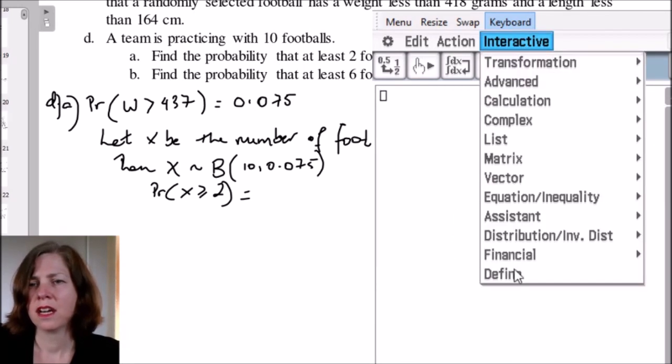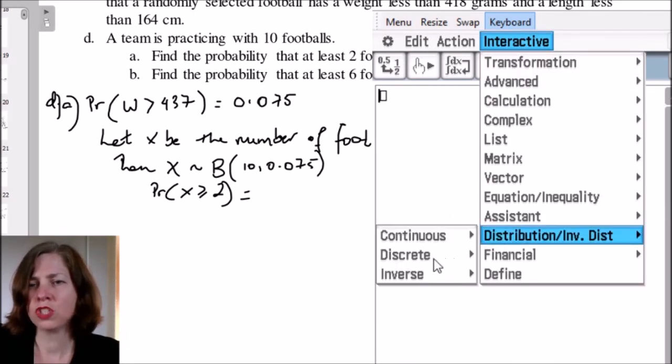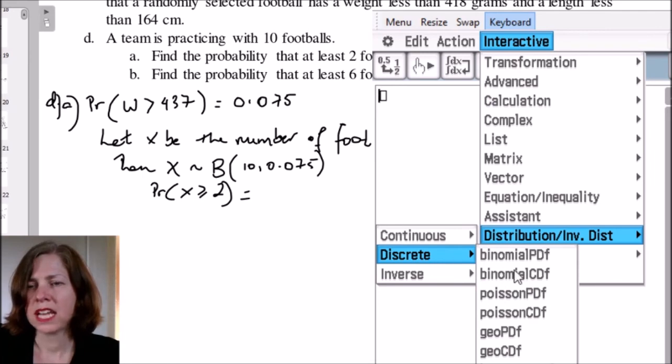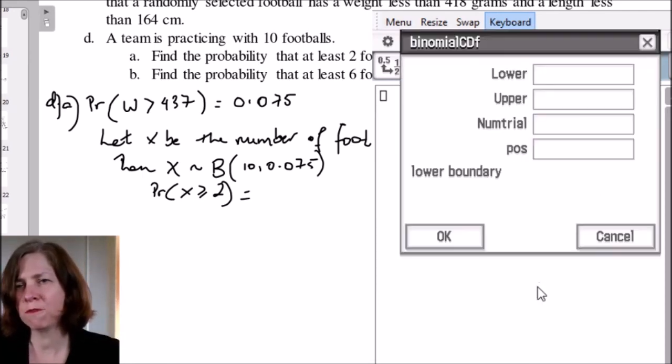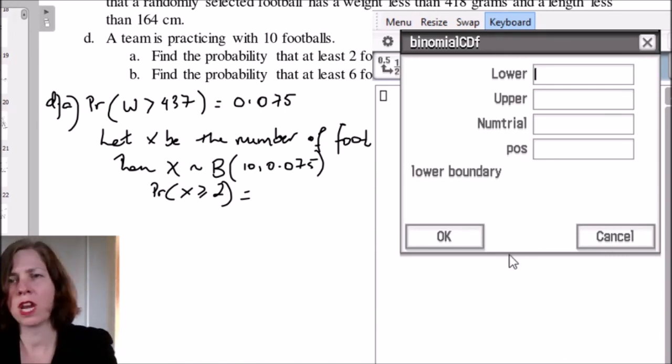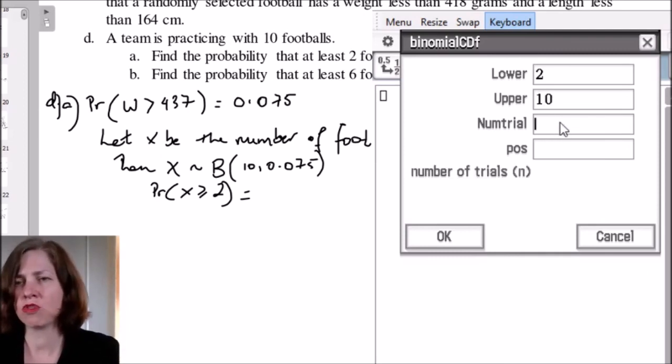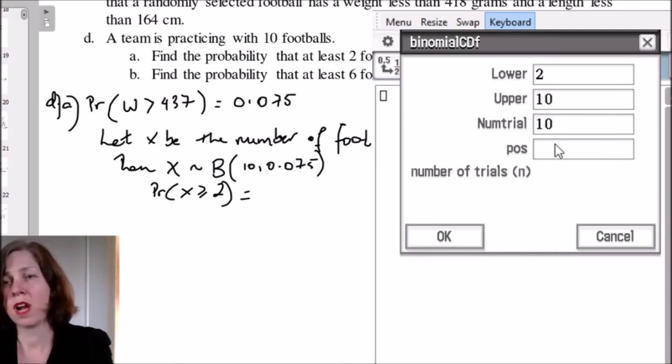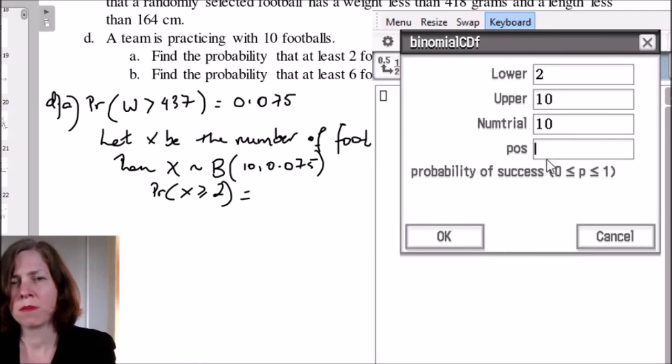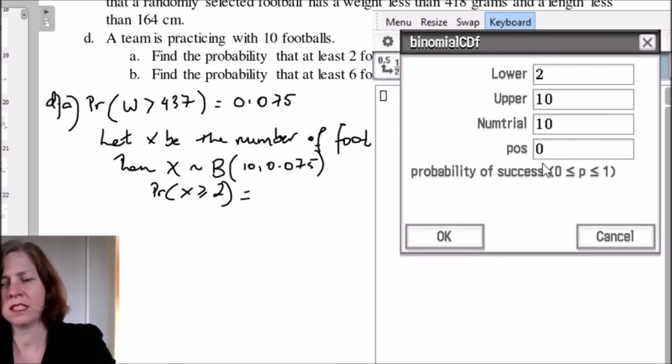Okay, I'm back now to discrete, and this is greater than or equal to, so it's a binomial CDF. Remember this? My lower bound, it's greater than or equal to 2, so my lower bound is 2. My upper bound is 10 because there are 10 trials. Number of trials is 10. Probability of success, 0.075.